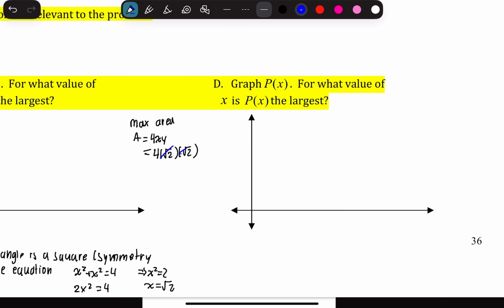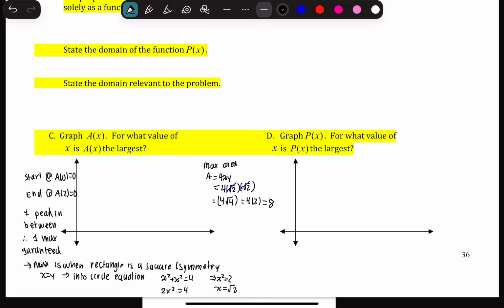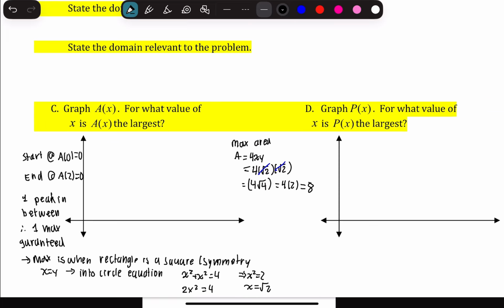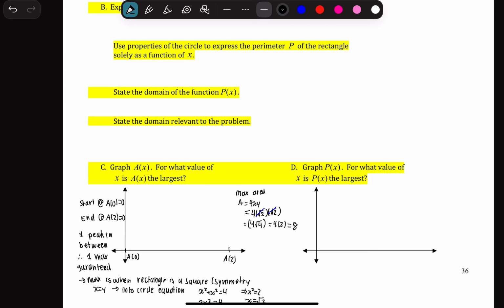So then those roots combine, and you're left with 4 times 2, so that's just 8, and that's it. So we can start at A of 0 here, and then we end at A of 2, and there's one max in between. Now we want to find the perimeter next.